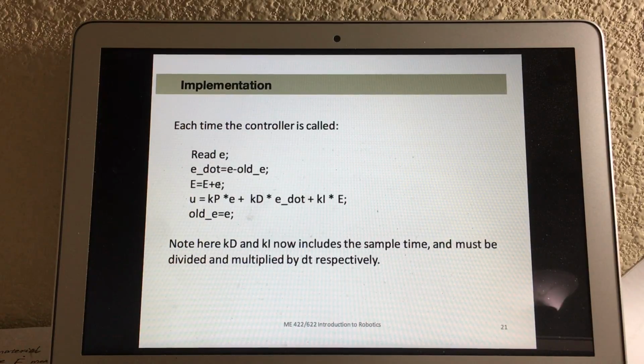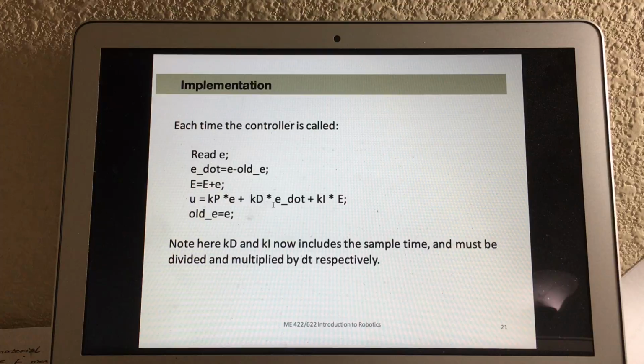This is the new error, just as we showed on the last slide. Then we have u equals Kp times e, plus Kd times e dot, plus Ki times the integral, the big E, because this big E is the integral. Indeed, we are doing additions to achieve the integral, because when you divide it into small pieces, the integral becomes a summation.